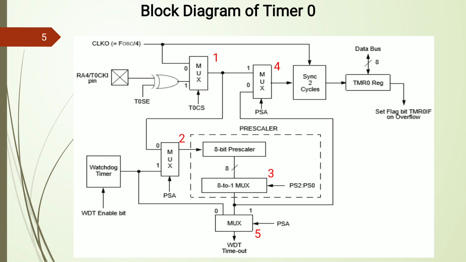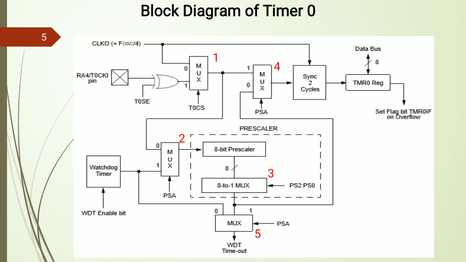After that, in the prescaler selection circuit, you should select the ratio of the prescaler as per the timer requirement or user requirement. With the help of PS0, PS1 and PS2, the ratio is selected, and according to that it will generate an incremented output signal after reaching the maximum.